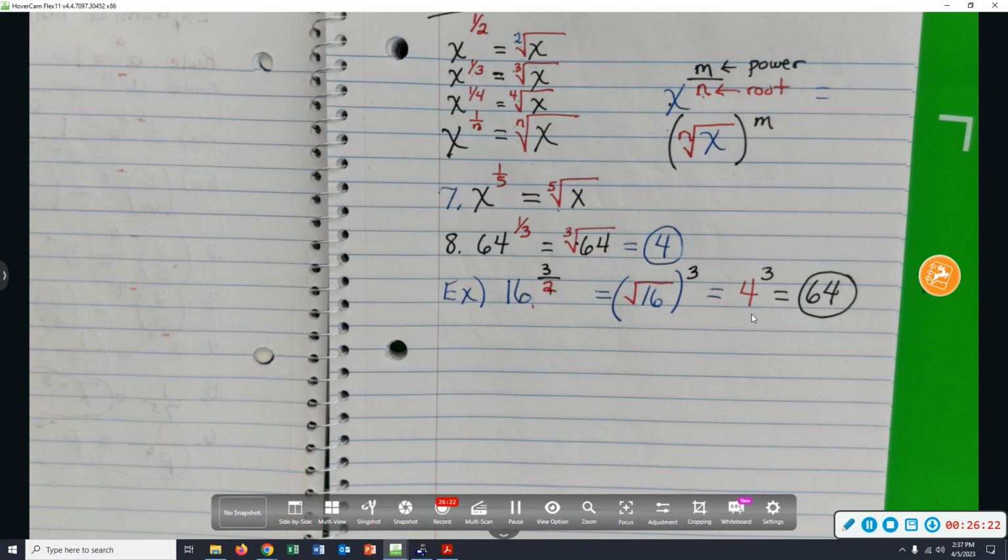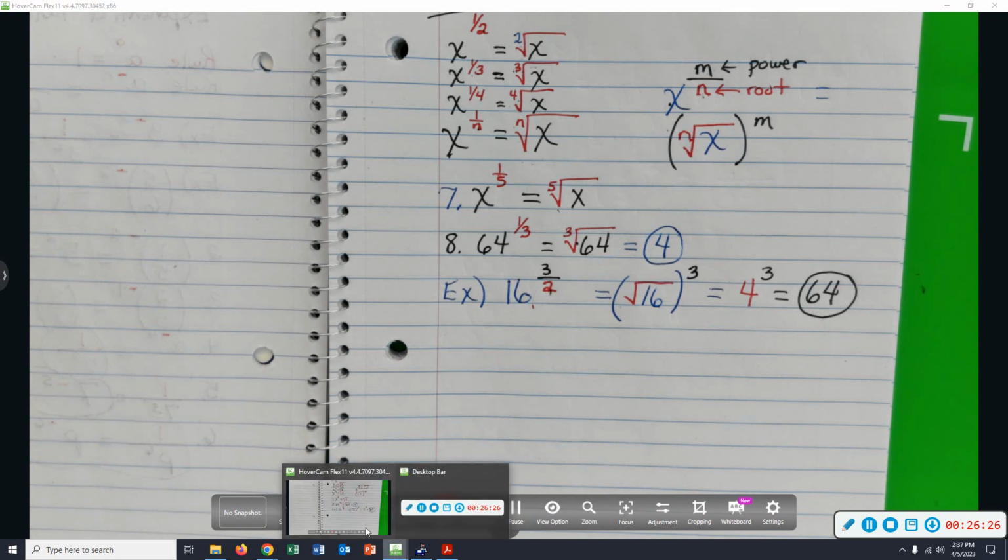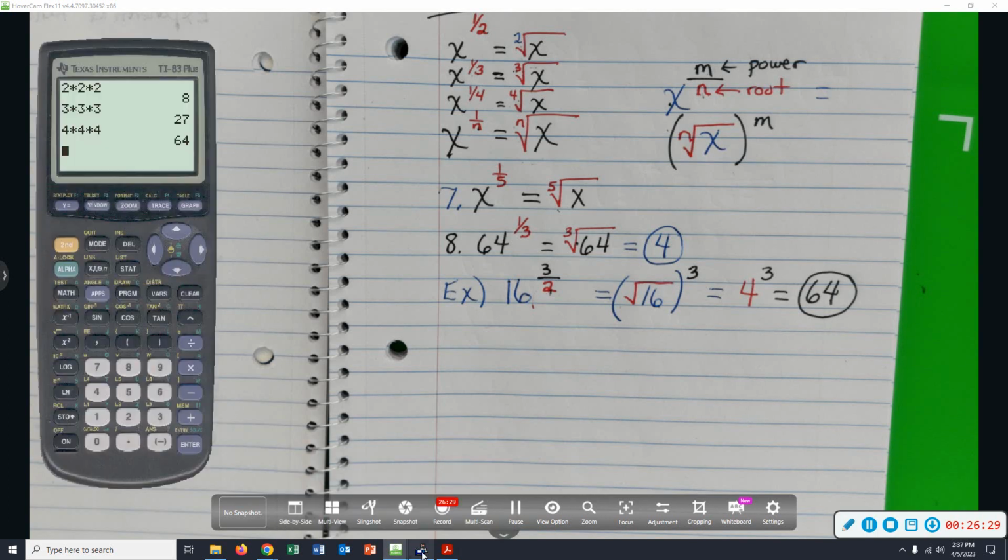Now, sometimes students say, oh, I want to write this or punch this into a calculator. If you do, be very careful. If I punch in 16 raised to the 3/2 power, it is not going to give me a 64. What did I do wrong? If I wanted to punch this 16 to the 3/2 into a calculator, you've got to put the 3/2 in parentheses.